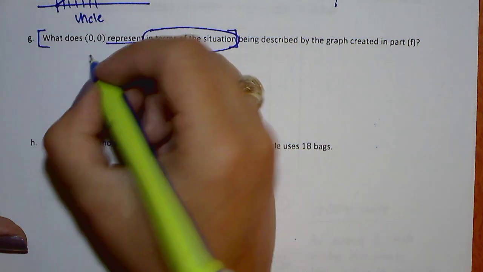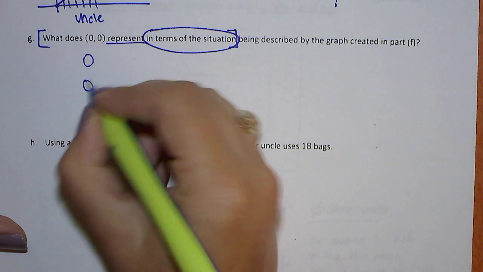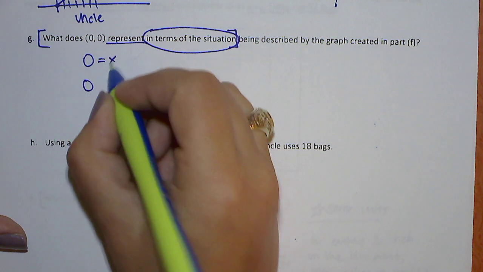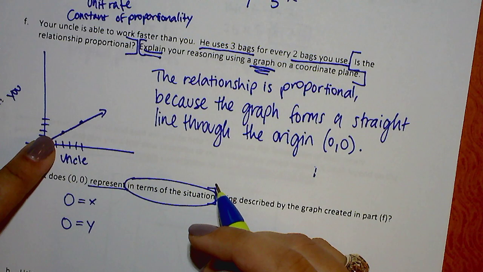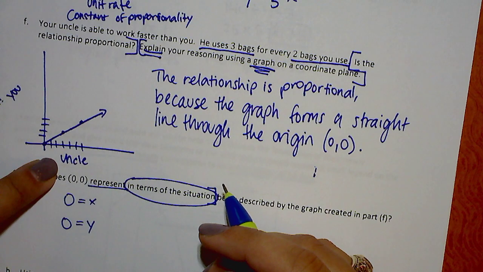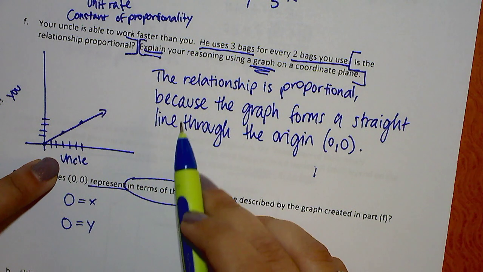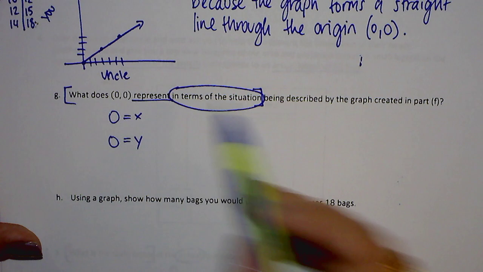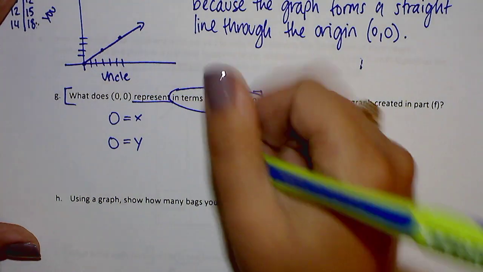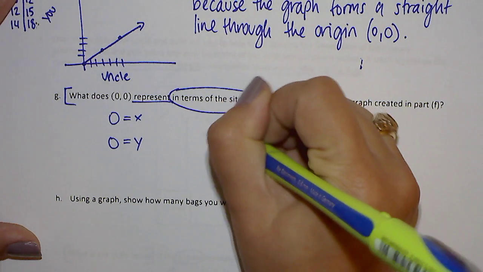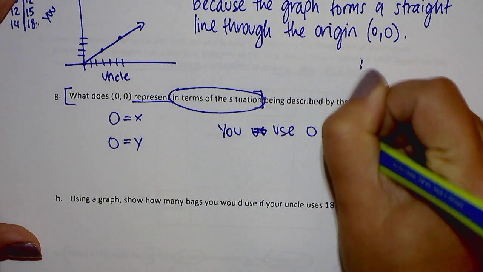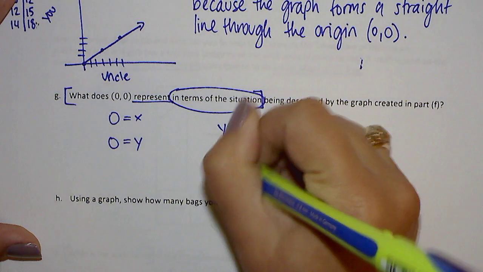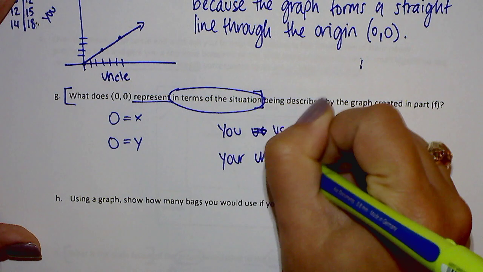You're telling me what does 0 mean and what does the other 0 mean for x and for y. Up here we're comparing the bags that your uncle uses to the bags that you use. So in terms of this situation, it means you use 0 bags. Your uncle uses 0 bags.